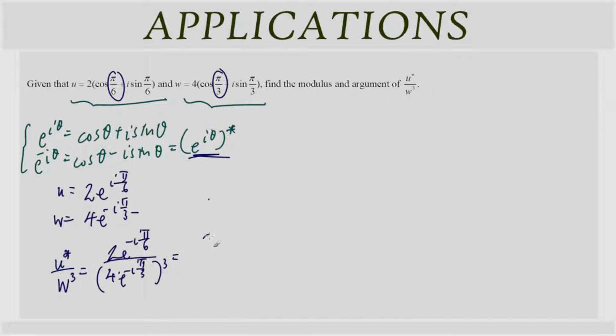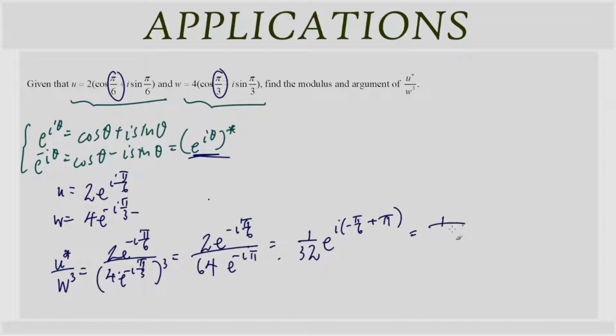That's equal to 2e to the power of negative i pi over 6 over 64, 4 to the power of 3, e to the power of negative i pi, and that's equal to 1 over 32 times e to the power of i times negative pi over 6 plus pi, and we get 1 over 32 times e to the power of i 5 pi over 6. So the modulus would be 1 over 32, and the argument would be 5 pi over 6. Solved.